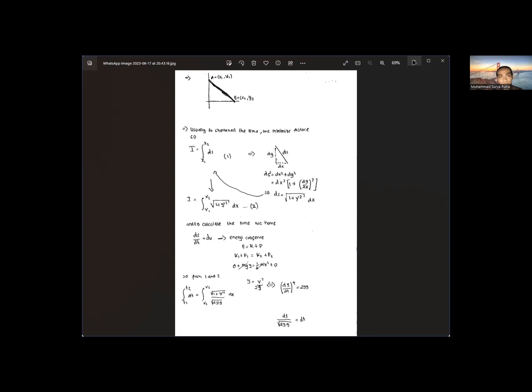This is the right. Okay, I have this error.